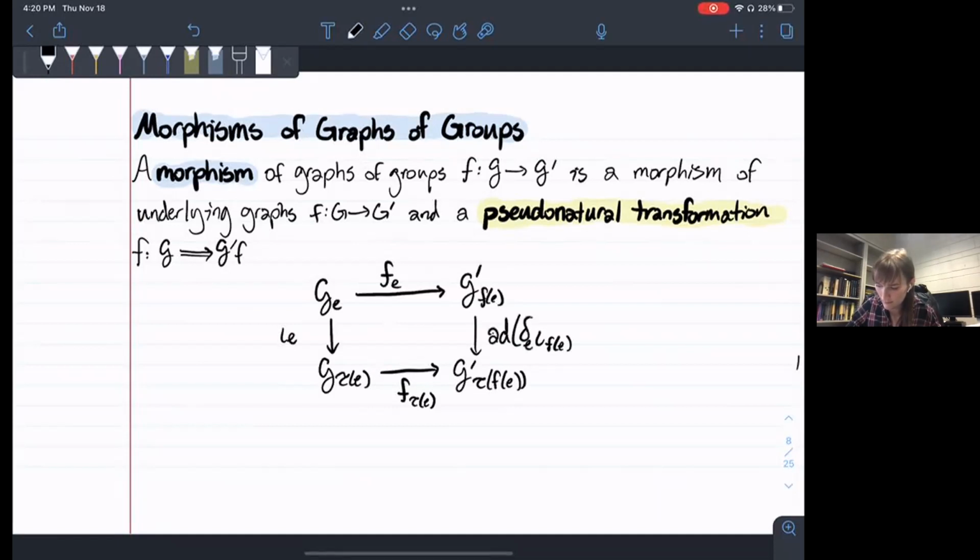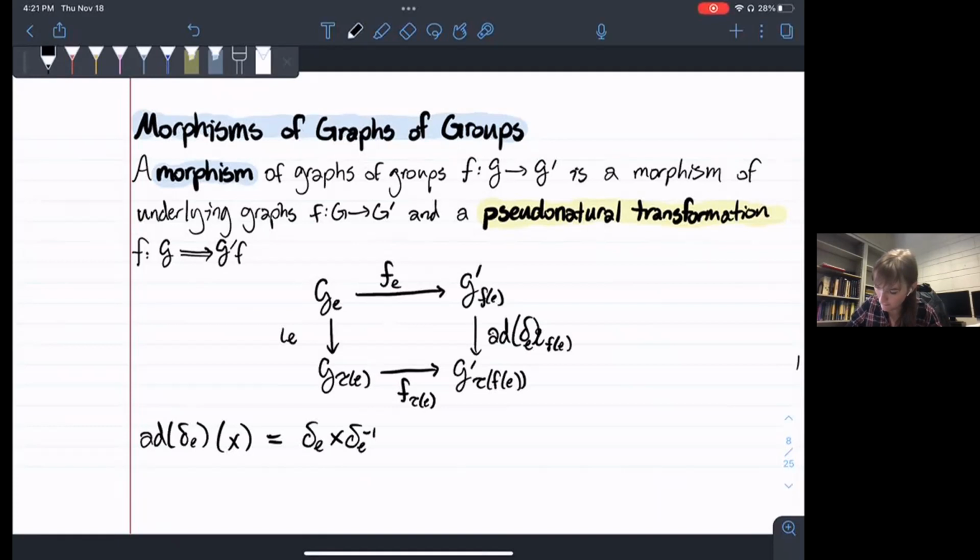So I'll write it like this: ad delta E, which is supposed to be the inner automorphism that sends x to delta E x delta E inverse. So it's the inner automorphism that's conjugation by delta sub E, and delta sub E is part of the data.